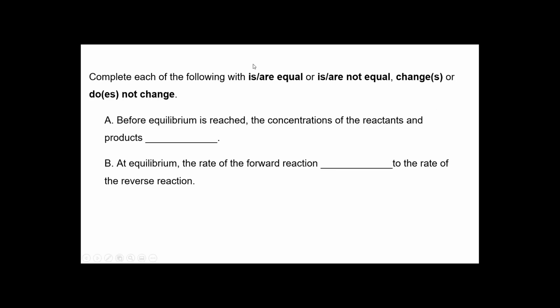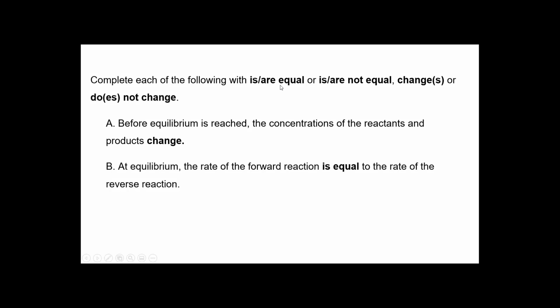So I'm not going to pick is not equal because it's pretty obvious by the fact that it's saying it's before equilibrium. But what I am going to pick is change. So before equilibrium is reached, the concentration of the reactants and the products change because they will not change once everything hits equilibrium. At equilibrium, the rate of the forward reaction blank to the rate of the reverse reaction. This is equal or are equal to. And that's it right there.